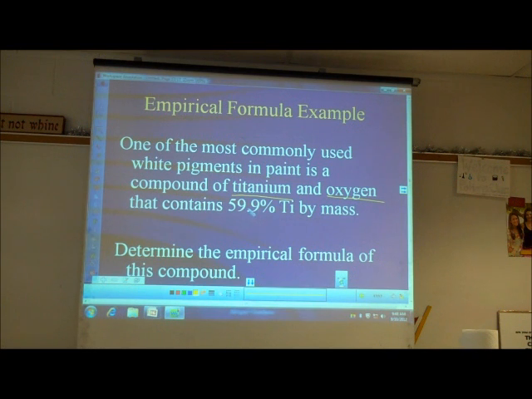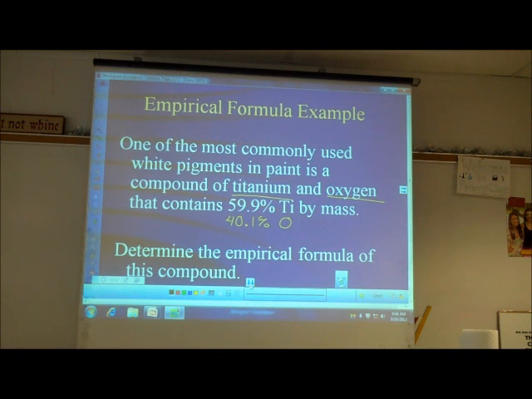If 59.9% of it is titanium, what is the remaining percentage made up of? Oxygen. And what is that percentage? Okay? 40.1% O, not O2, just O. Okay.